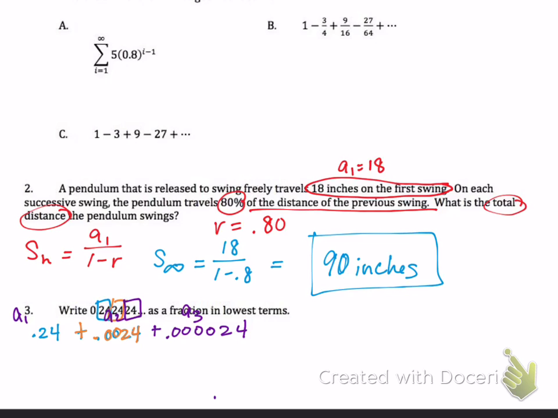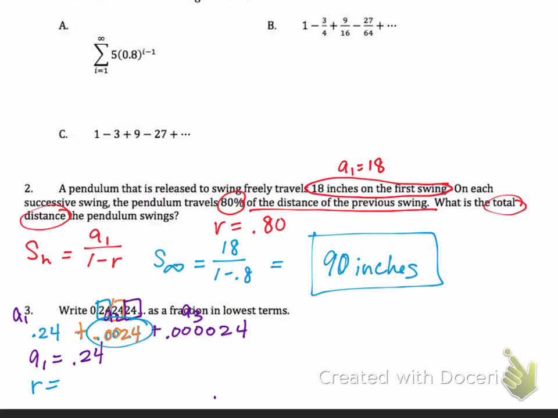So the 2 things that I need for my infinite sum are the first term, which we now have seen is 0.24, and then I also need the rate. So if I know that my second term is 0.0024, then how can I figure out what the rate is? Good.